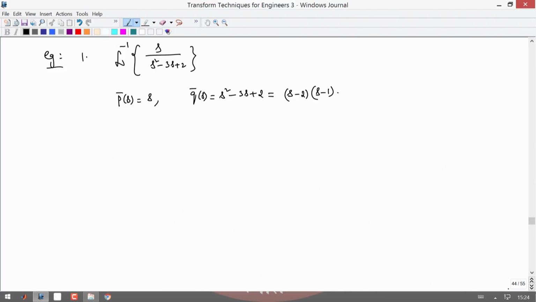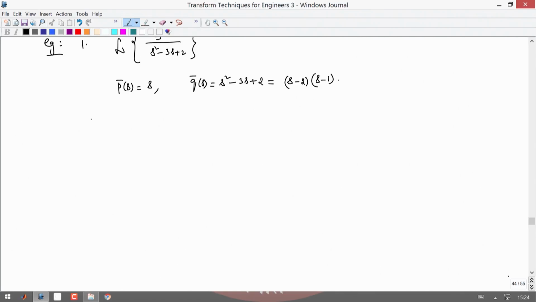So, this Laplace inversion of p bar of s by q bar of s is exactly what you have. We already know this is a summation, and you have only two terms: the inversion of a1 over s minus 1 plus a2 over s minus 2.